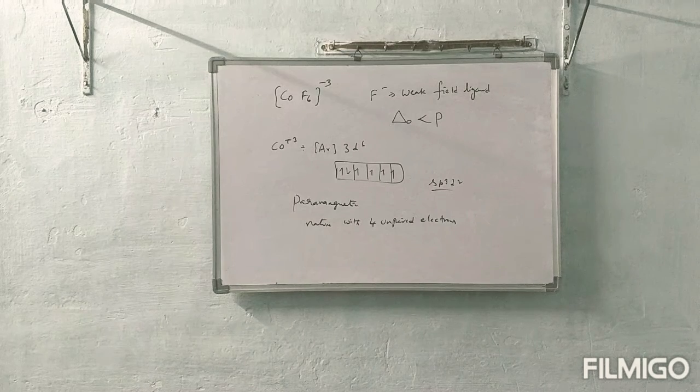The next drawback of valence bond theory is that it could not explain the colors of the complexes. Now the next side heading in CFT is colors of the complexes.